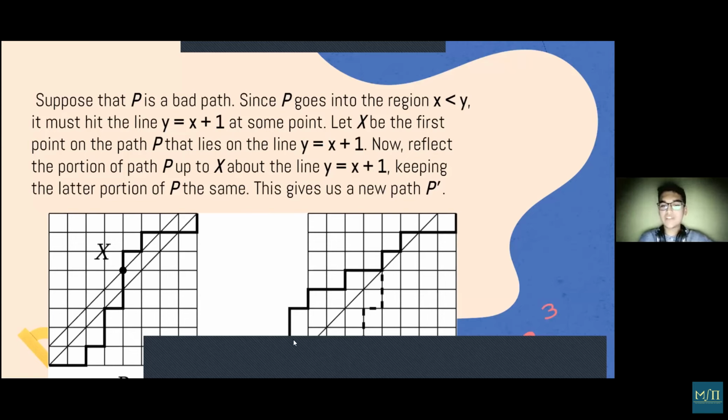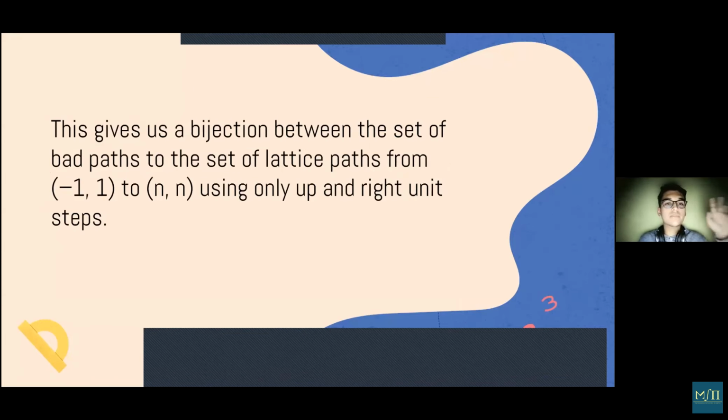And this gives us a new path called P prime, which I've highlighted here. What this does is this gives us a bijection between the set of bad paths and the set of lattice paths from -1,1 to n,n using only up steps and right steps.